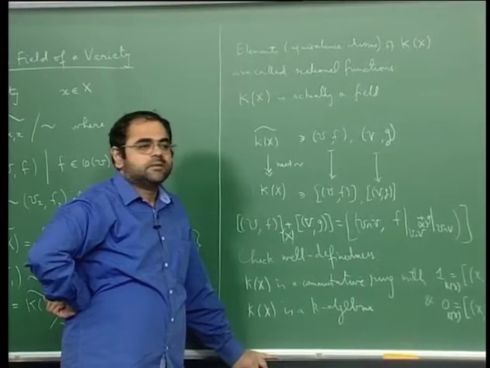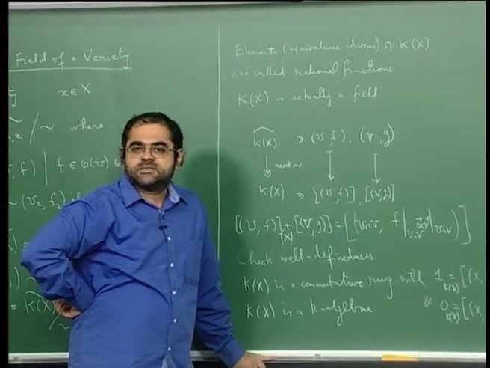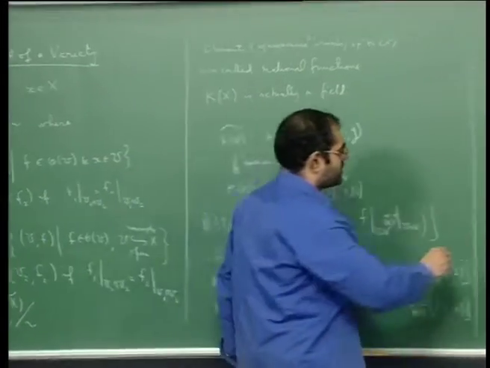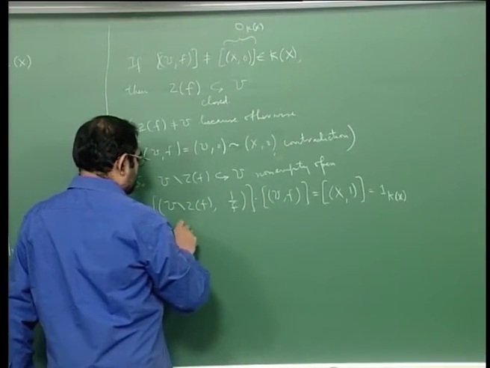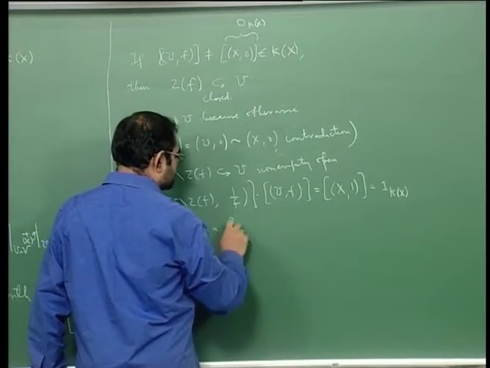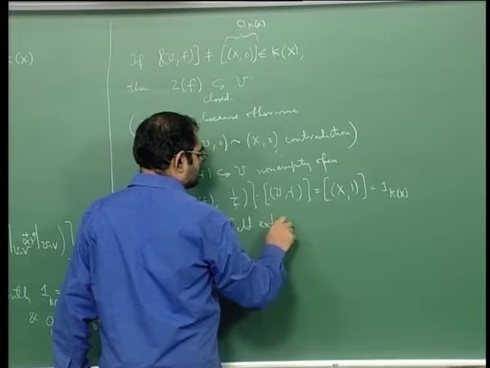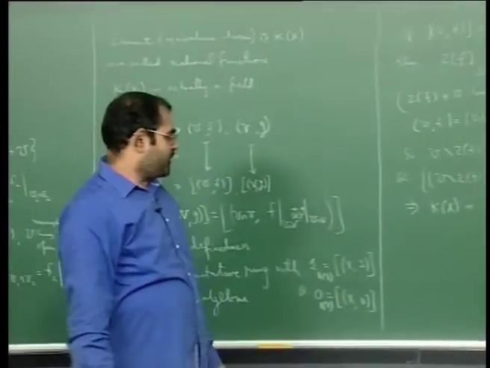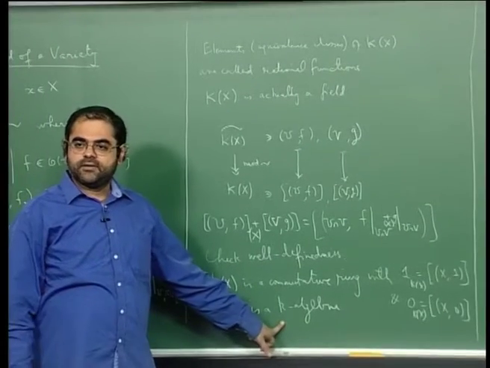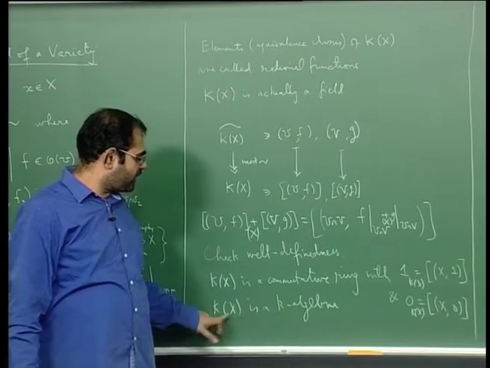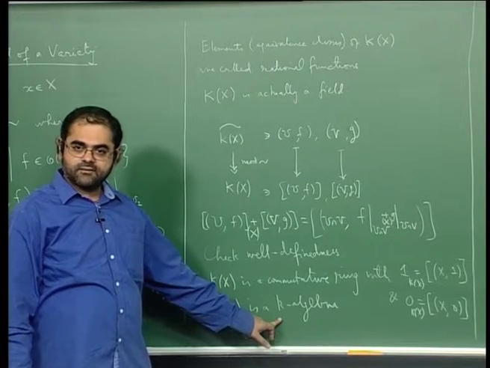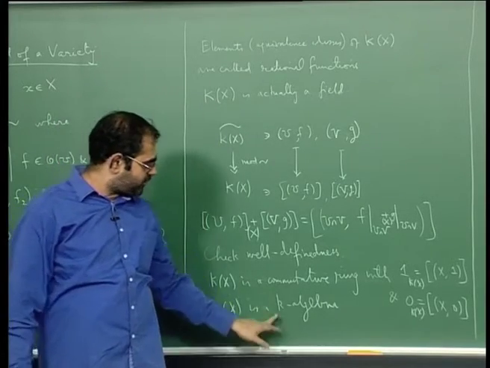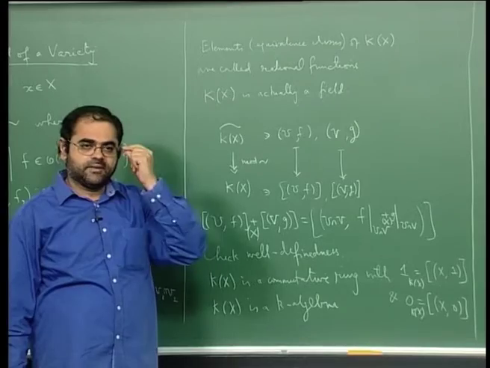So what I have proved is that I have a commutative ring in which every non-zero element is invertible, so it is a field. The moral of the story is that Kx is a field and is a field extension of K, because it is a K-algebra. It is an over ring of K, it contains small k as a subring, and when you have a ring extension and both are fields, it is actually a field extension.